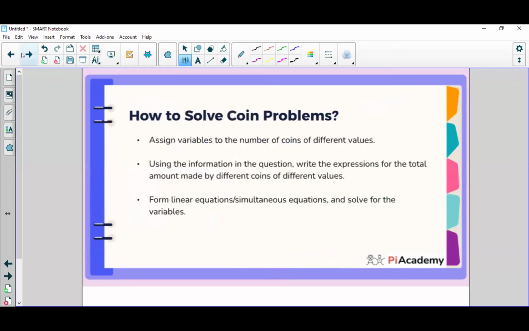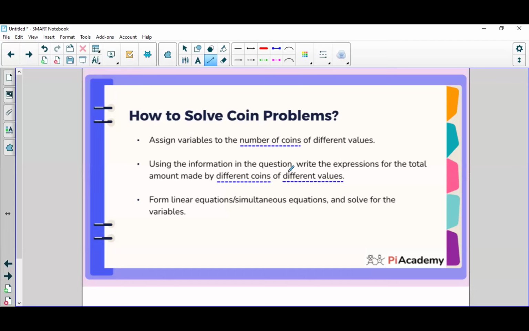Yeah. So these are some steps that how we have solved the coin problems. Assign variables to the number of coins of different values using the information in the question, and write the expressions for the total amount, just like we did in the previous question, with different coins of different values, 10p and 1 pound.